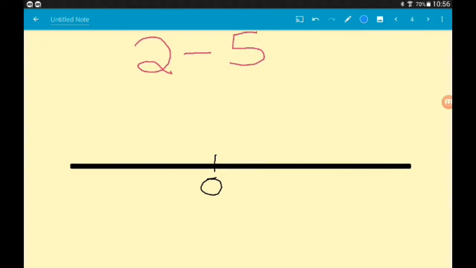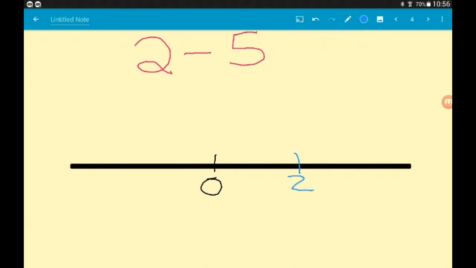So, let's go for 2 minus 5. So, again, our starting point is 2, which can be anywhere to the right of 0. Now, our instruction is to move 5 places to the left because we are subtracting 5. So, this is where the number line comes in really handy. I like to use 0 as a checkpoint.